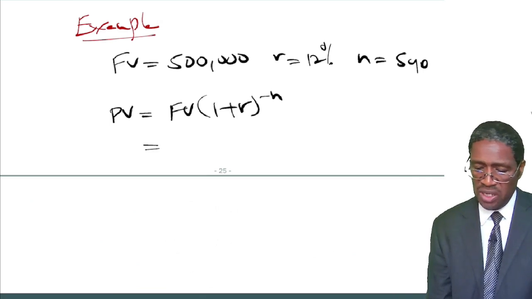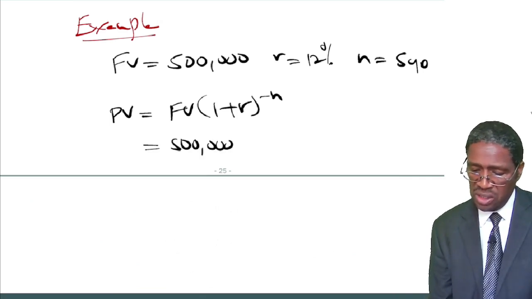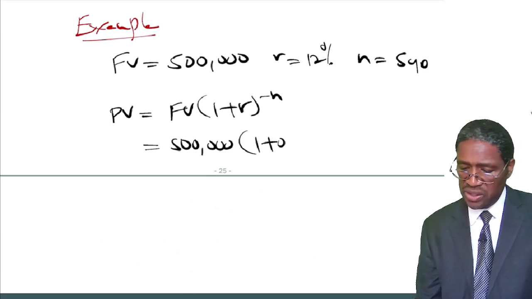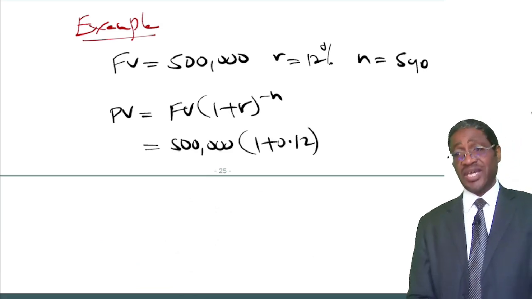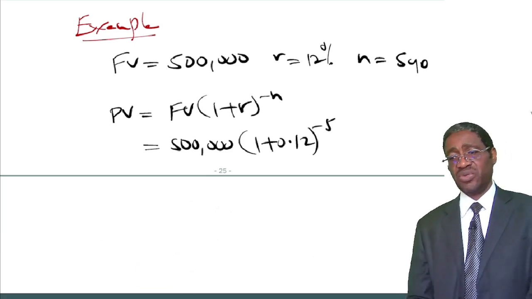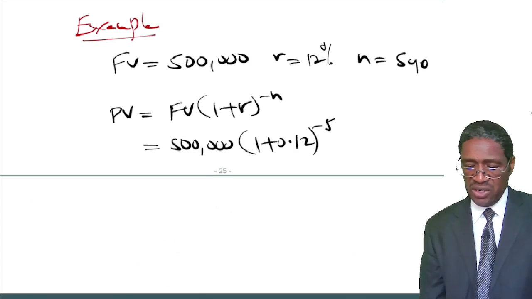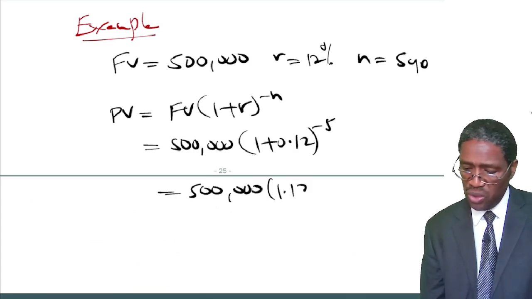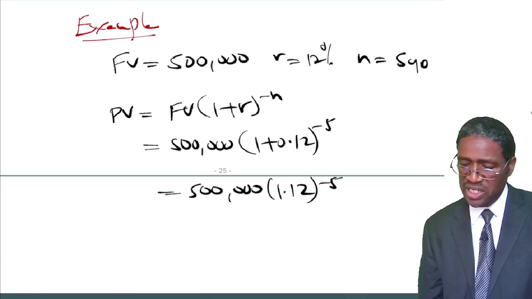This will be 500,000 into 1 plus 0.12, which is the rate, to the power of negative 5. This will be 500,000 into 1.12 to the power of negative 5.